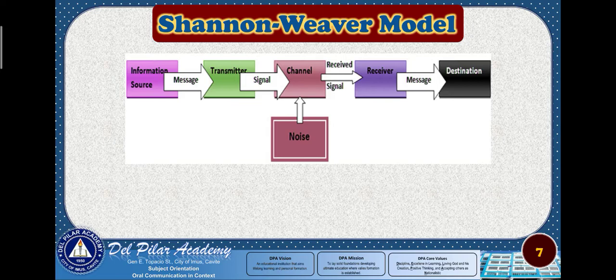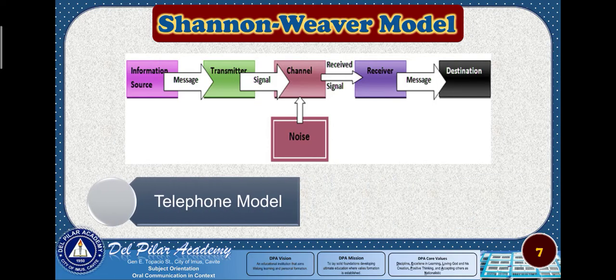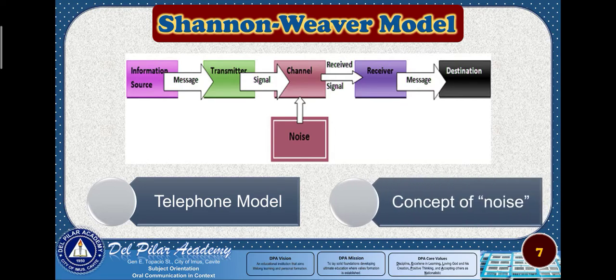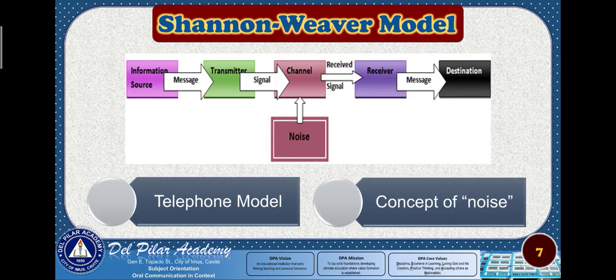Dropped calls, calls that echo, or faint signals all interfere with the communication of the message. So it is based on a telephone model and it emphasizes the concept of noise. Again, Shannon-Weaver introduces the concept of noise.